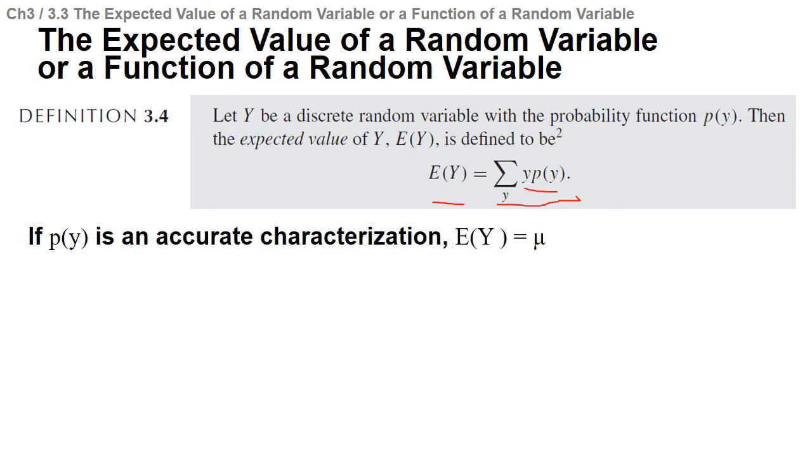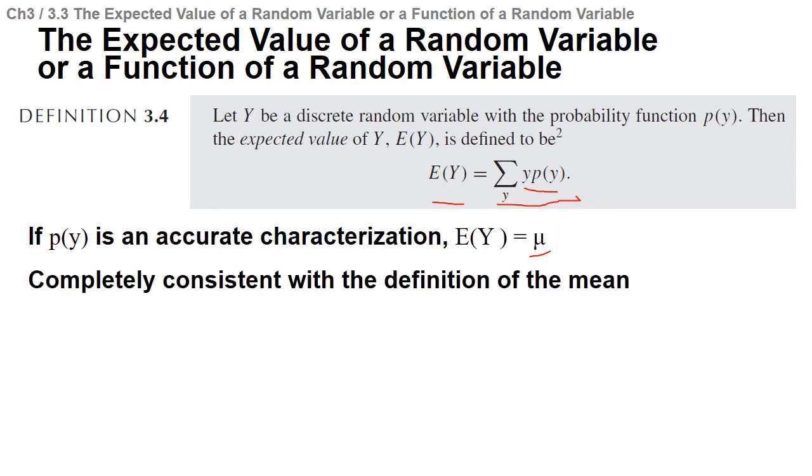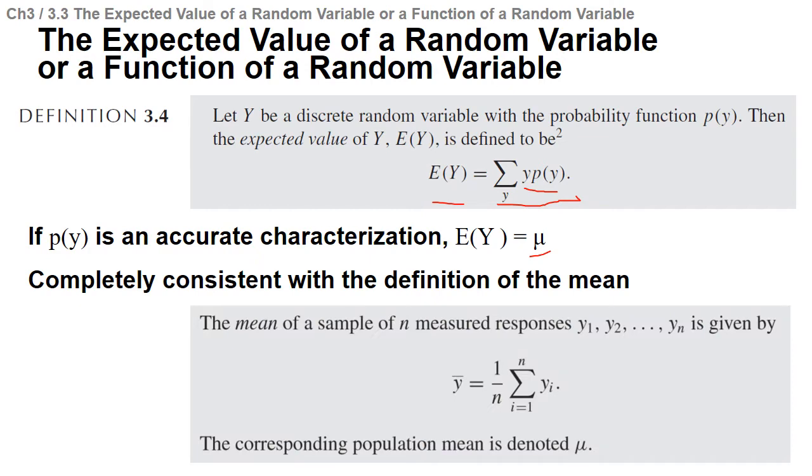And actually, if p(y) is an accurate characterization, then E(Y) would be mu, the population mean mu, and it's completely consistent with the definition of the mean. The definition of the mean is this one. And how these two are related, I will explain from the example in the next slide.